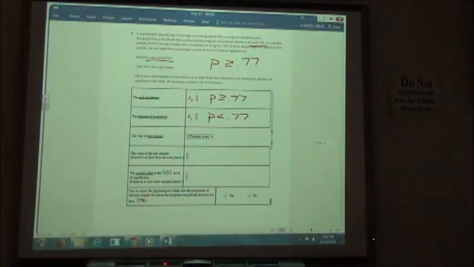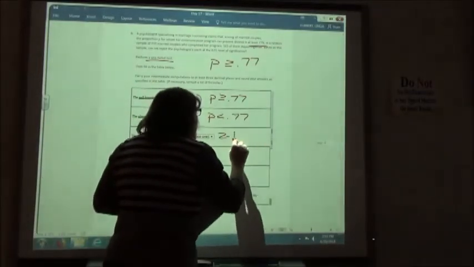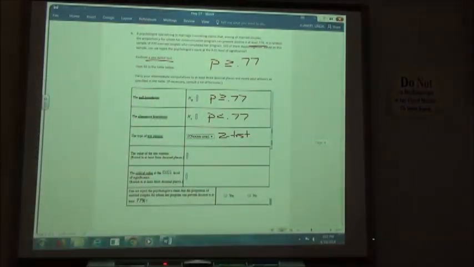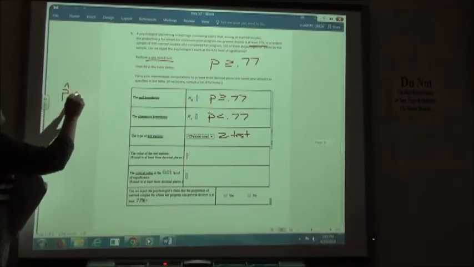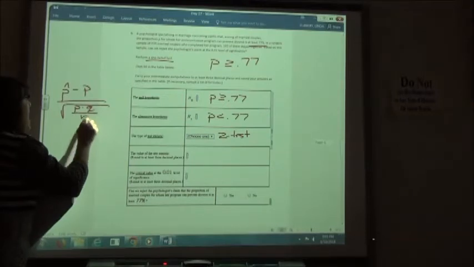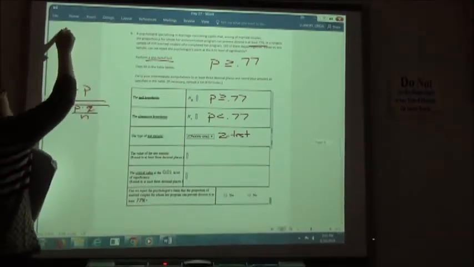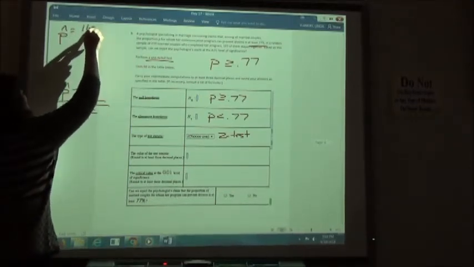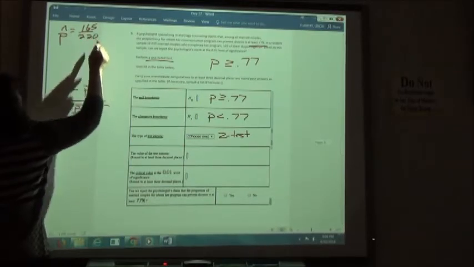Again, since we're doing a proportion, we're going to use the z-test when we do our test statistic. And then we got to use our formula. So, P hat minus P over the square root of P times Q over N. P hat, our sample proportion, is 165 over 220.